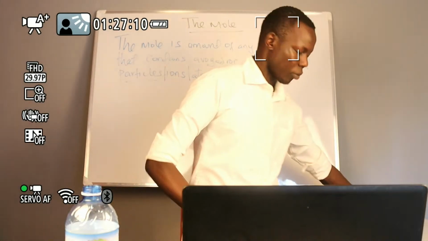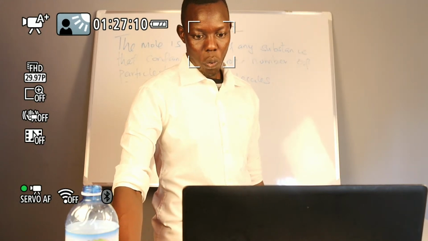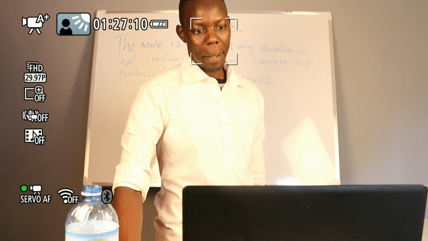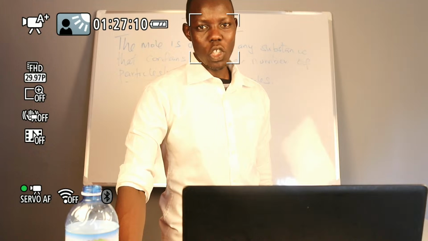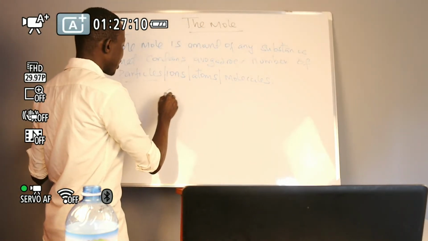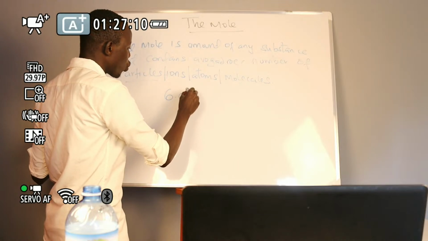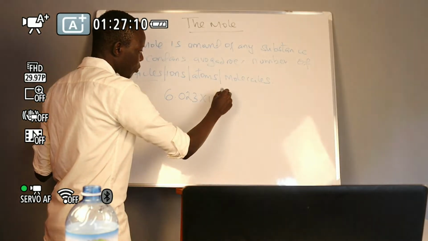Now, Avogadro's constant, I want us to be very participating in our lesson. Don't allow me to be participating alone. What is Avogadro's number? Can you write it? 6.023. Avogadro's value is 6.023 times 10 power 23.